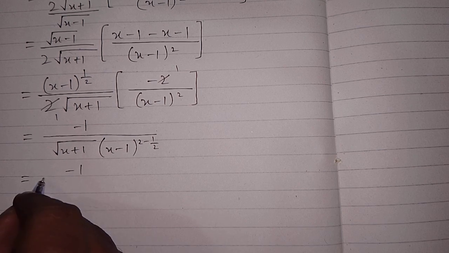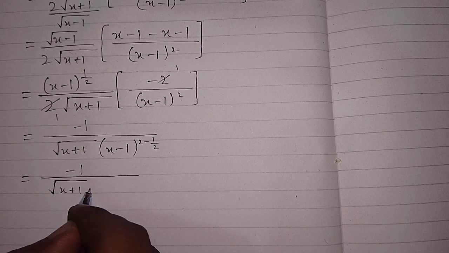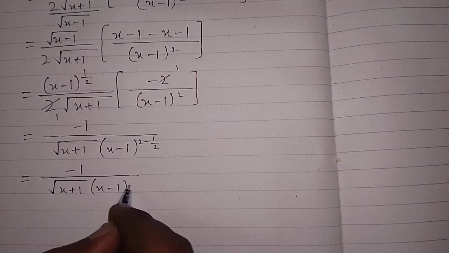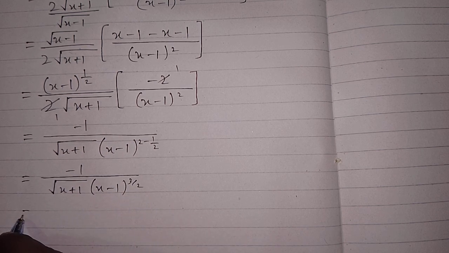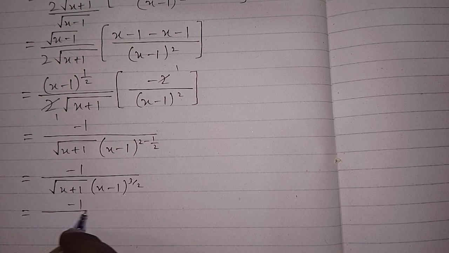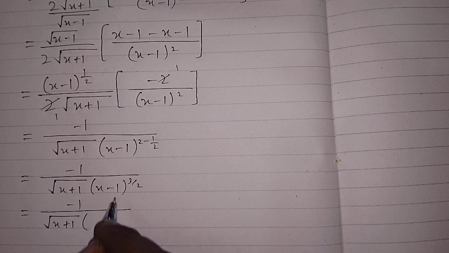Now we have minus 1 upon square root of x plus 1 and (x minus 1) to the power 3 upon 2.